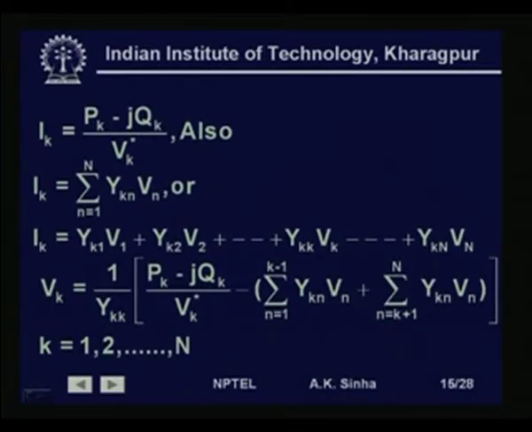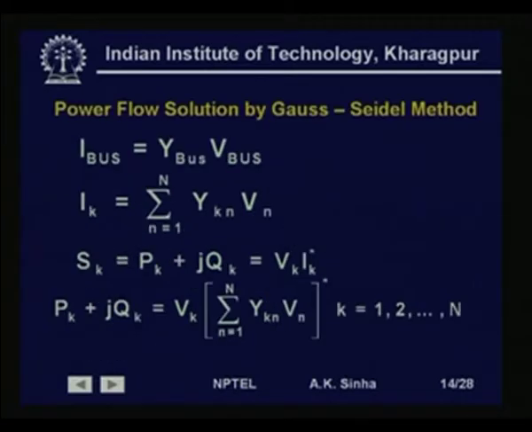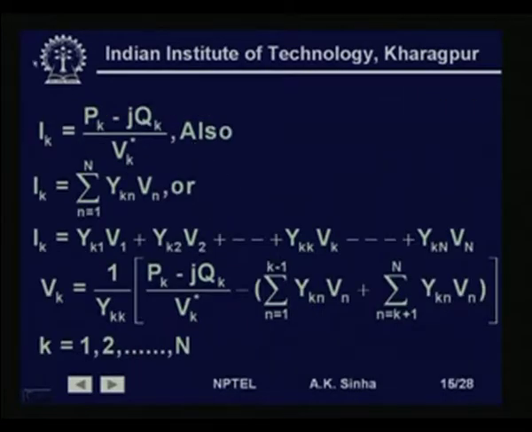We know that from this relationship, P k plus j Q k is equal to this, therefore, we can write I k. Instead of writing P k plus j Q k, if we take the conjugate of that, then P k minus j Q k will be equal to V k conjugate I k.